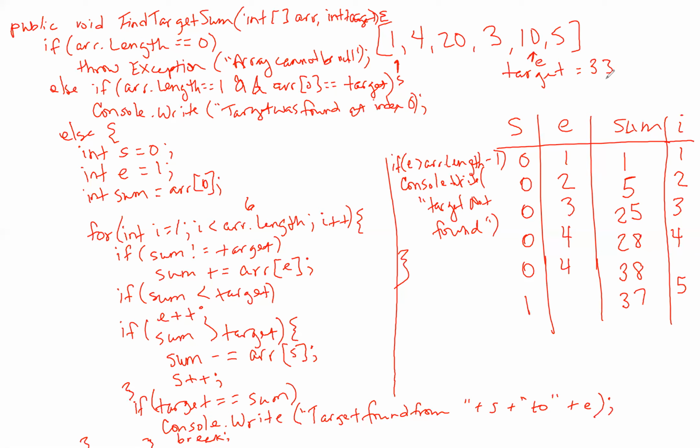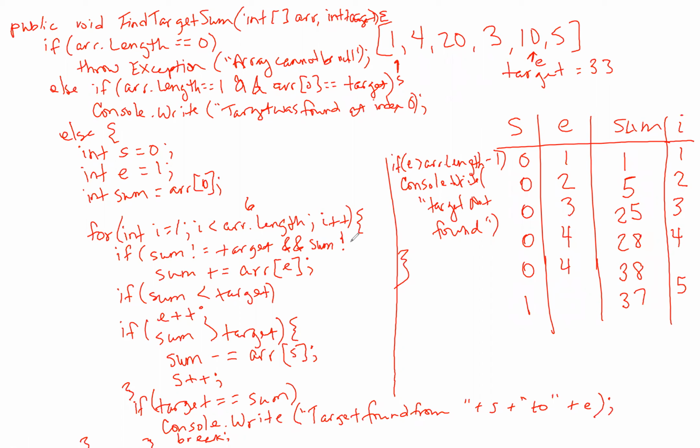Maybe we need a condition in here that says the sum is not greater than the target. Let's look at that. Because otherwise, we go in and say 37, we would be adding to sum array at E, we'd be adding the 10 again. So we don't want to do that. So let's add in a condition here to say, and sum is not greater.